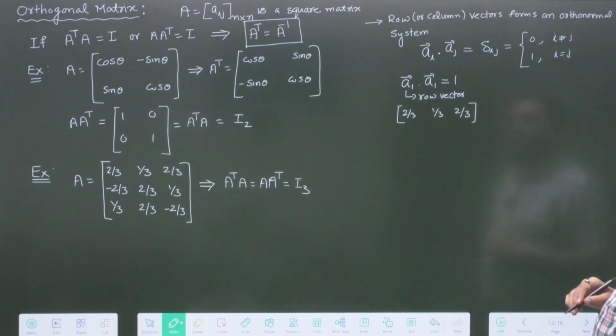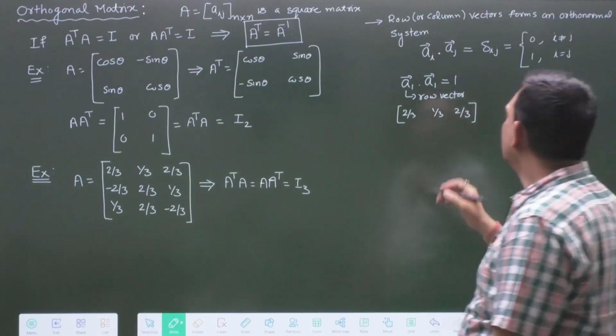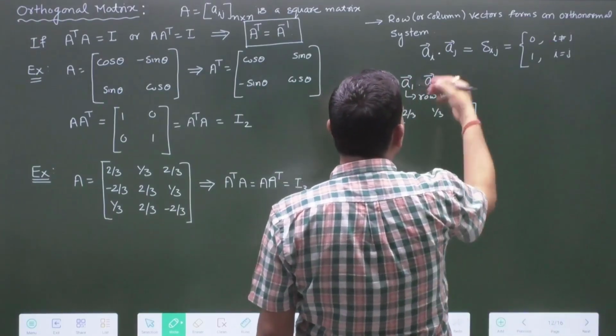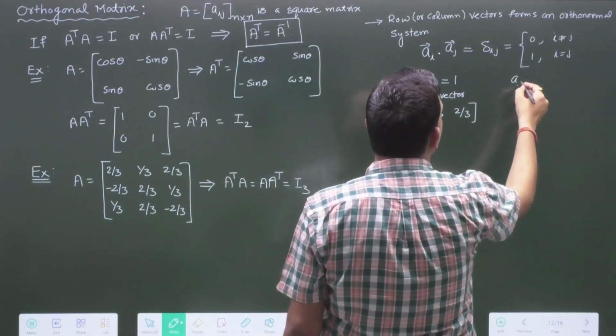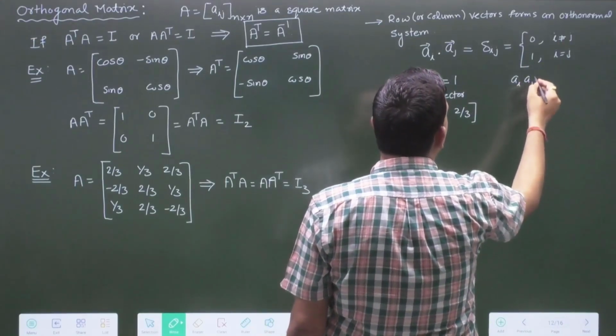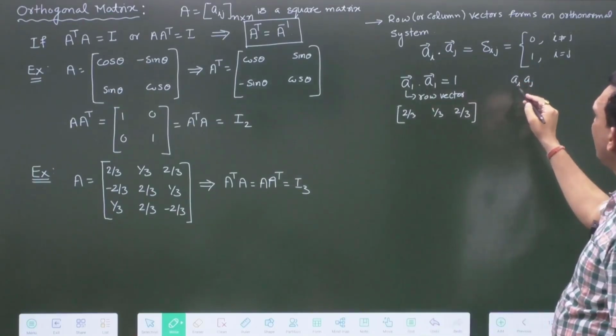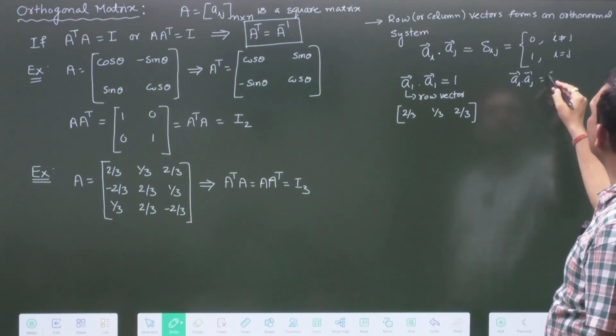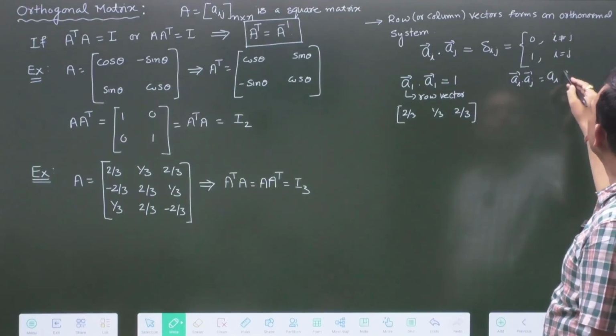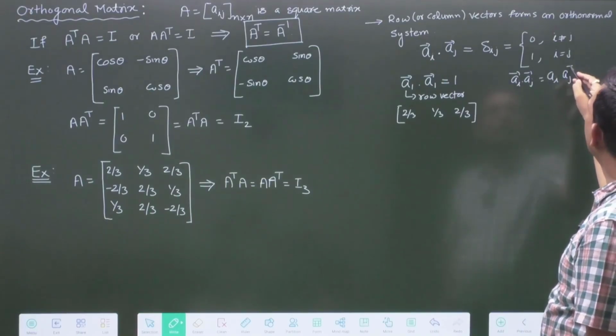So you have to write row by column. Okay? So if A1 is a row vector, how will you define Ai dot Aj? If A is a row vector, then this is given by Ai Aj transpose.